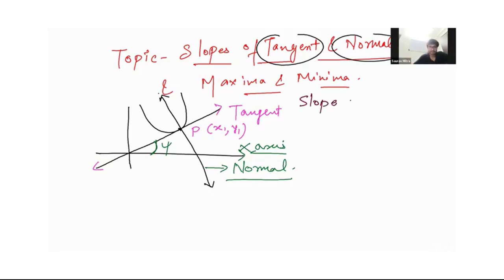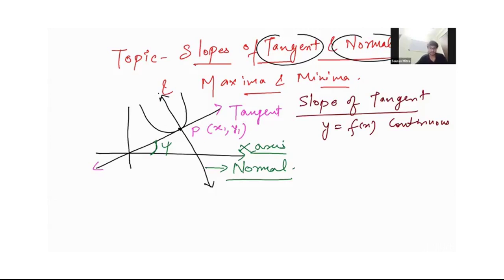Slope of tangent. You will always be given a function in terms of y equals something, for example y equals x square plus 2x plus 3x. Just like that, you will be given a function y in terms of x, and it should be a continuous function, with no break.